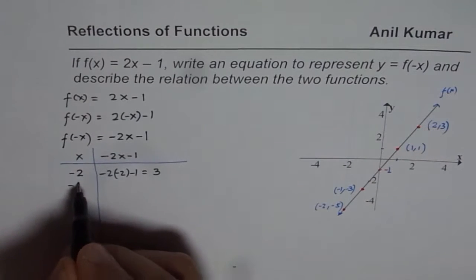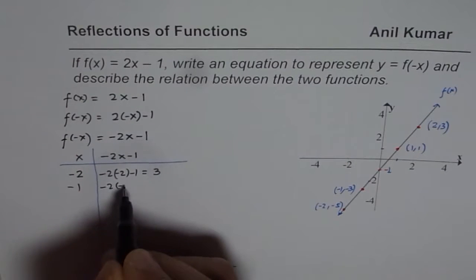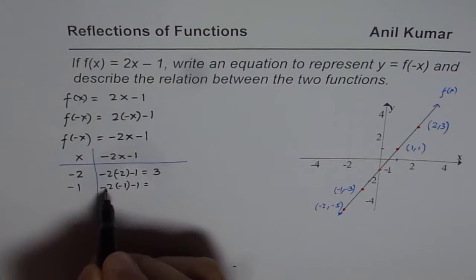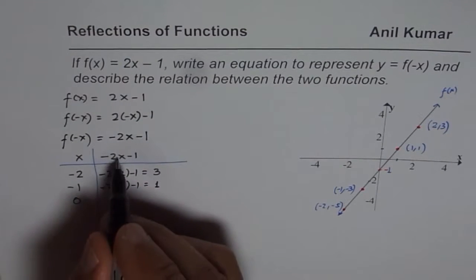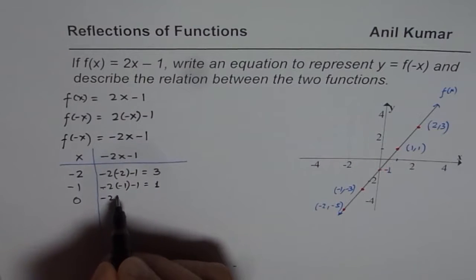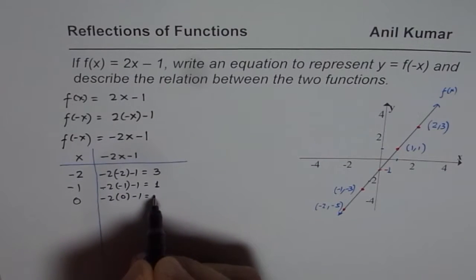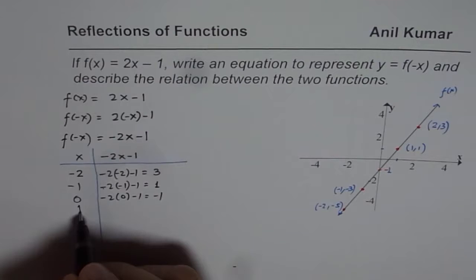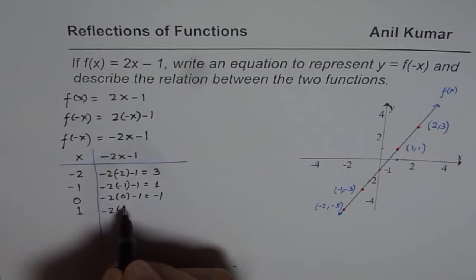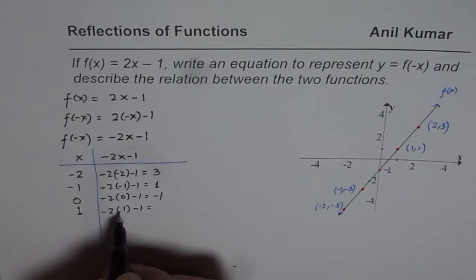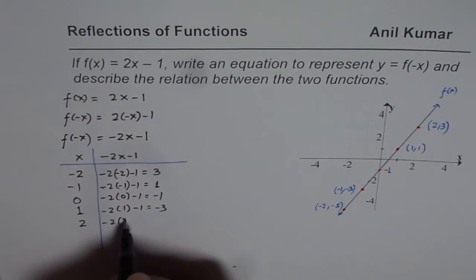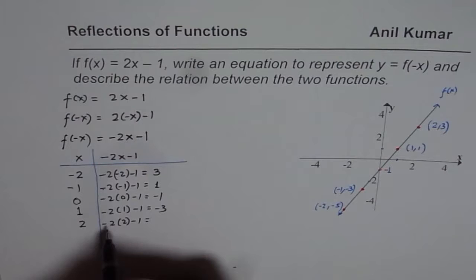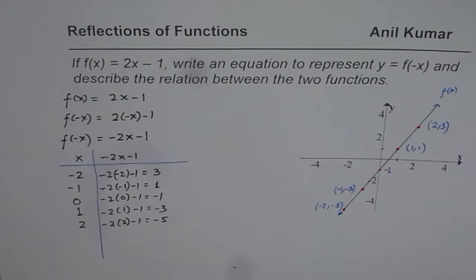For minus 1, minus 2 times minus 1 is 2, minus 1, which is 1. For 0, we have minus 2 times 0 minus 1, which is minus 1. For 1, it will be minus 2 times 1 minus 1, which is minus 3. And for 2, minus 2 times 2 minus 1 results in minus 5.